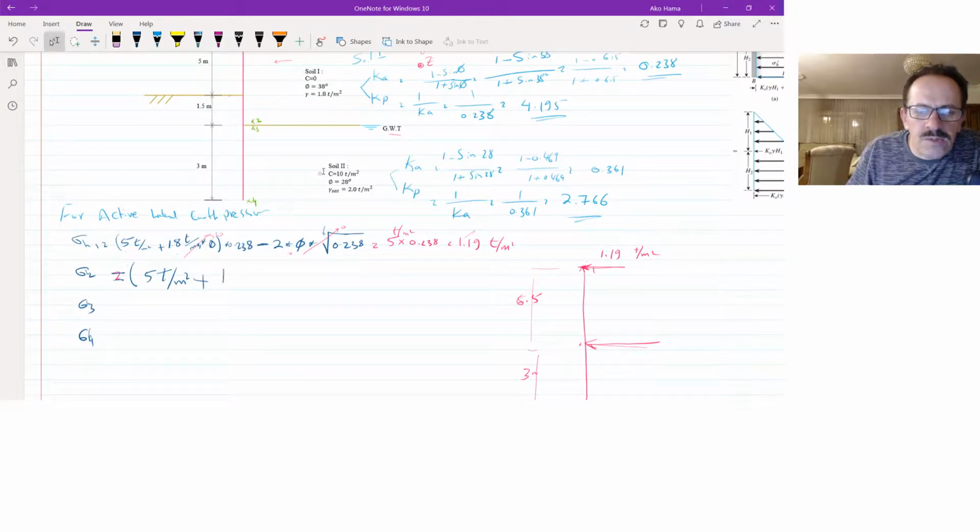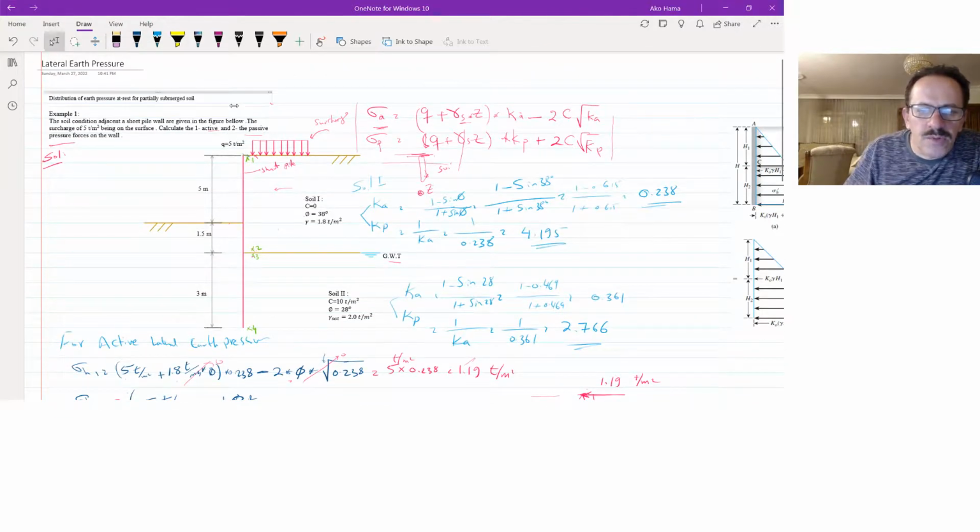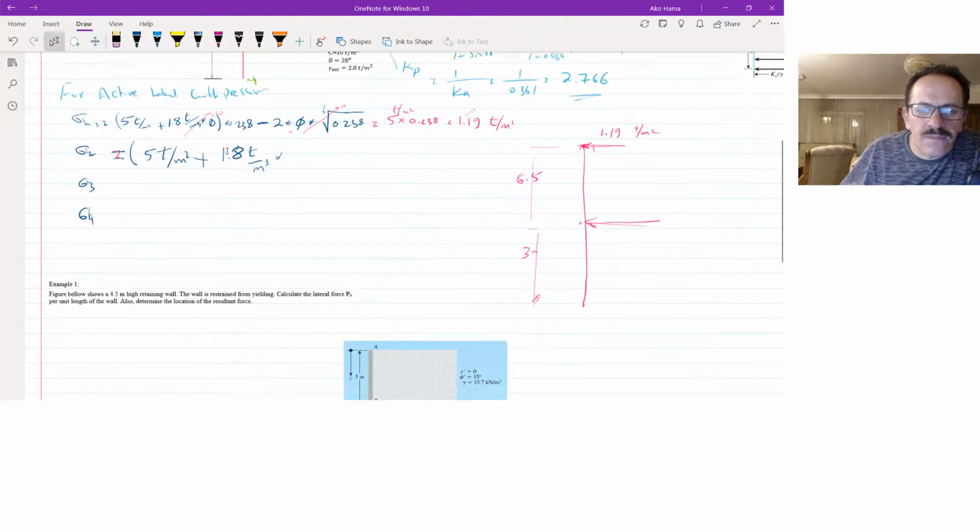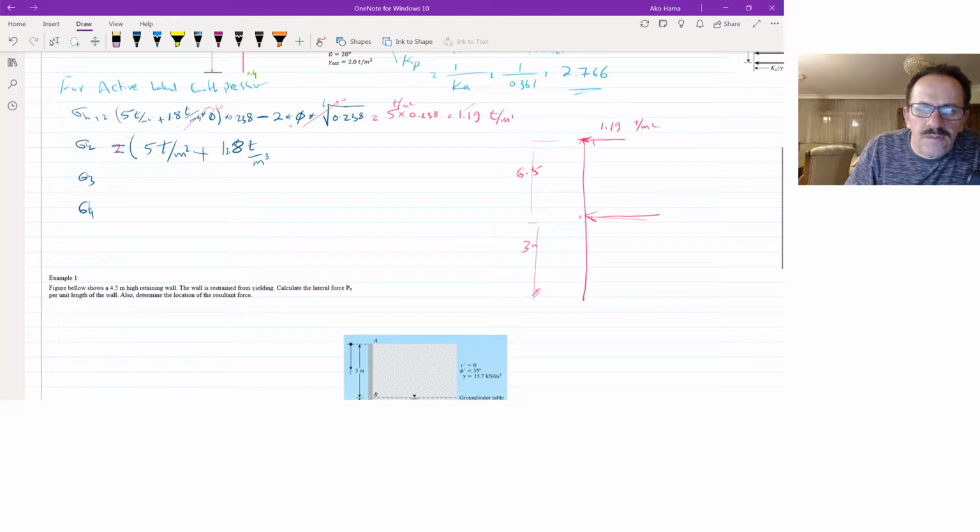So the gamma of soil 1 is 1.8 ton per meter cube, times H, the depth of soil at point 2. So what will be the depth here? It's 5 plus 1.5, so times 6.5 meter.